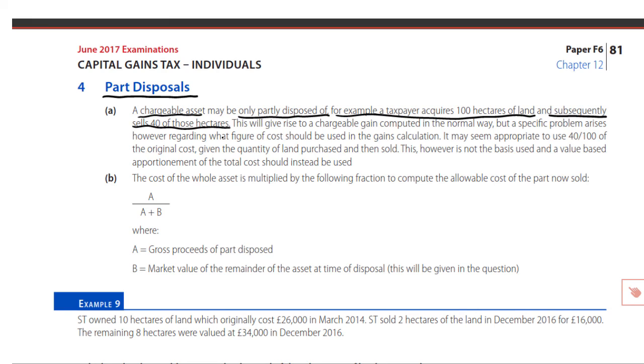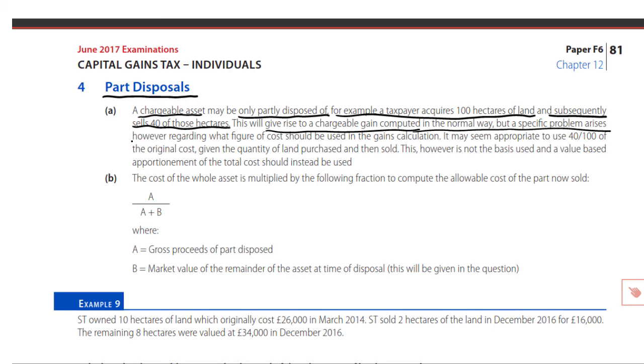Now when those hectares are sold, 40 out of the 100, you will know what they are sold for, your proceeds. You'll know your selling expenses, you can get the net proceeds. The question is, what is going to be the cost figure? As I've just said, it will give rise to a chargeable gain, computed in the normal way.